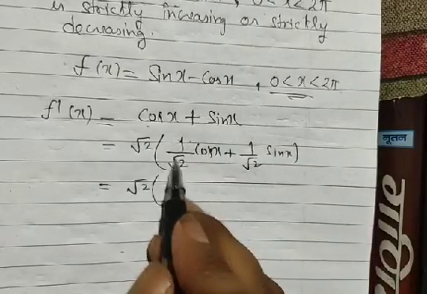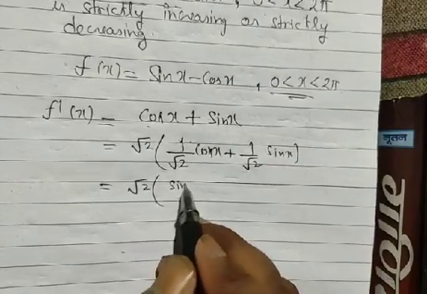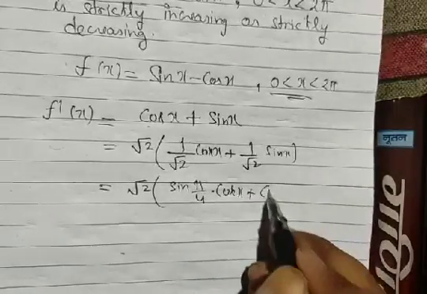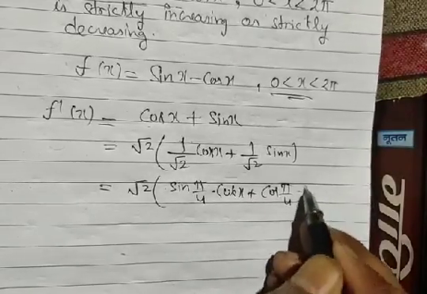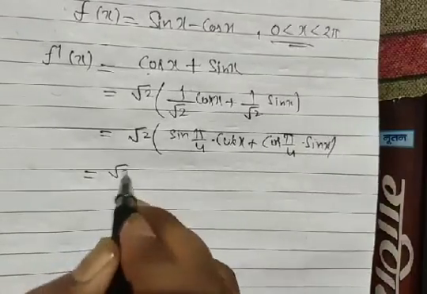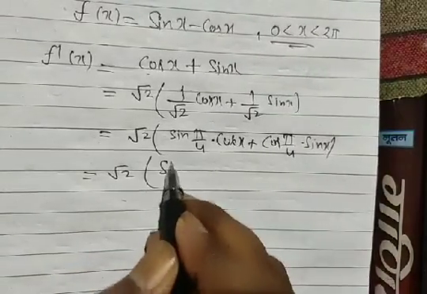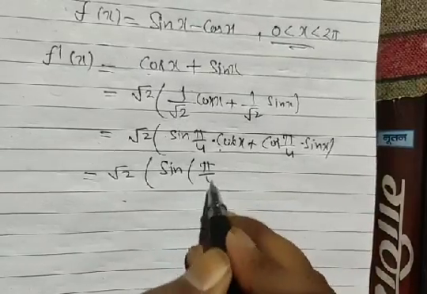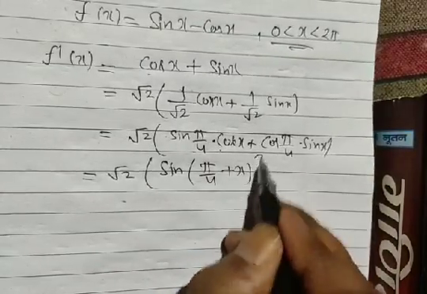We can put here sin pi by 4 and cos pi by 4. Now what do we have? It's root 2, and then it's the formula of sin a cos b plus cos a sin b, which means it's sin of pi by 4 plus x.